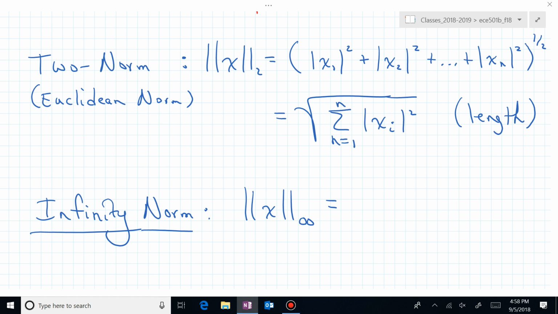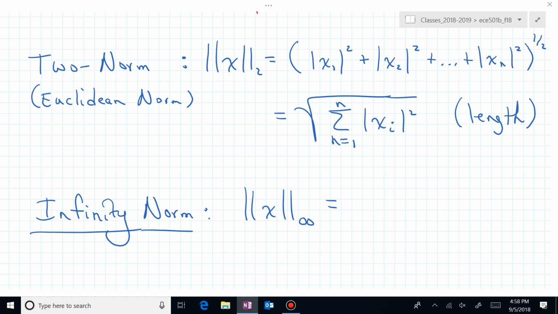Am I not making any sense? So if I have a 3 vector and I wanted the infinity norm of that 3 vector, what would that correspond to? It's the size of the 3 vector, size in quotes. If that 3 vector had elements of 1, minus 7, 2, what would the infinity norm be?